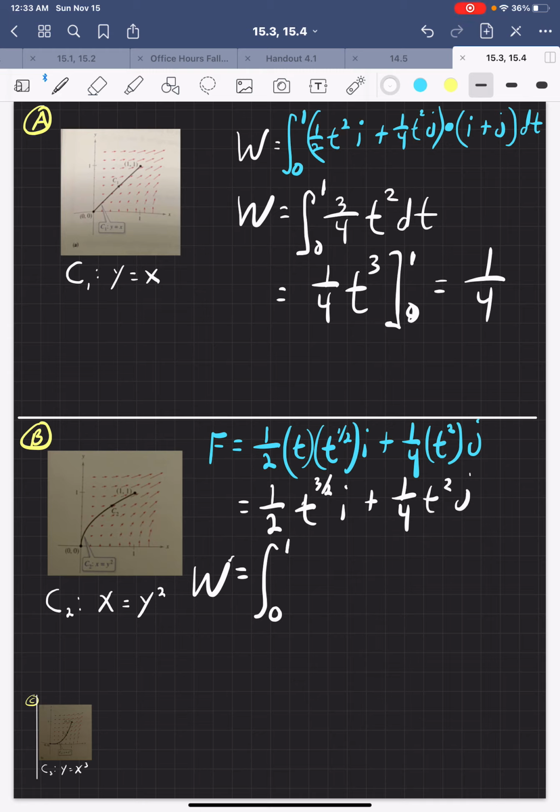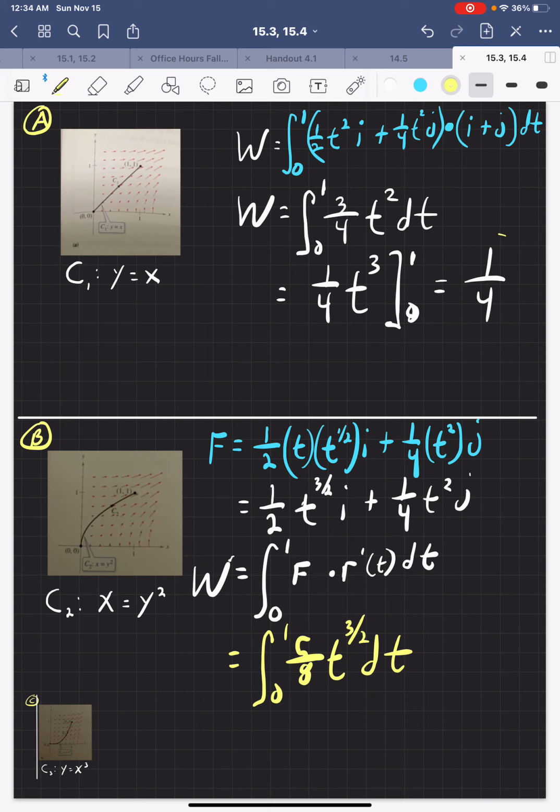Still going from 0 to 1. And I am going to save some space here. If you plug in F, which is above, with r prime of t, which is on the previous page, plug everything in and perform the dot product, this is the result that you would get. So after the dot product, you would have 5/8 t to the 3/2 dt.